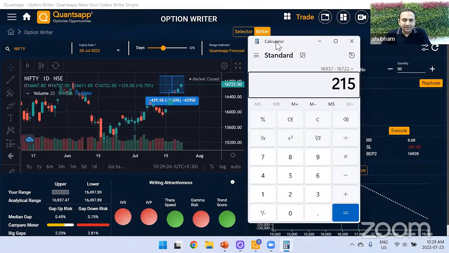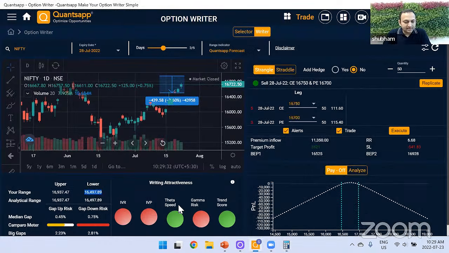It is asking me to sell 215 points above. I'm not saying calls yet, because there is another trick to it, and that might not be the level where we'll be selling the call. So for now, the upside level is 215 points away. And on the downside, 16,722 minus the low range, which is 16,497, which you can see over there.